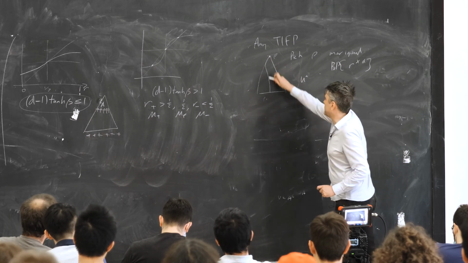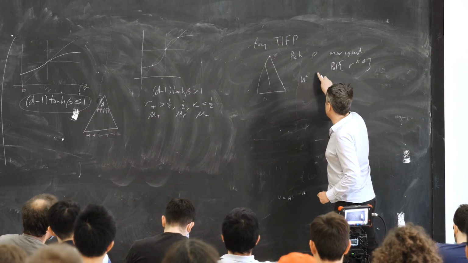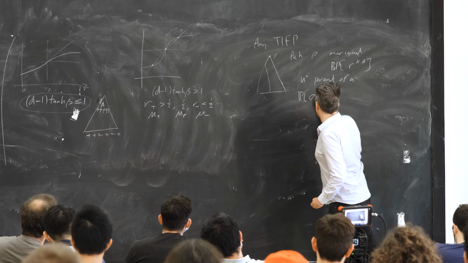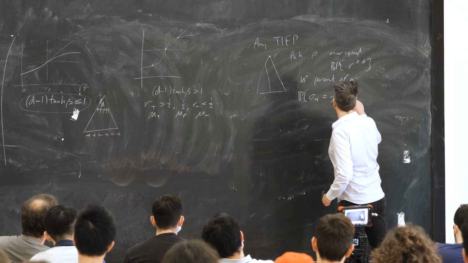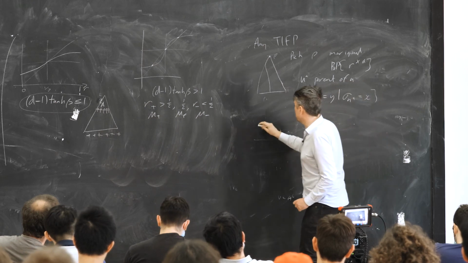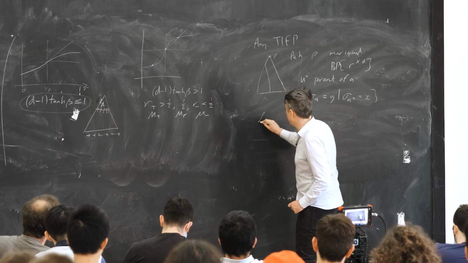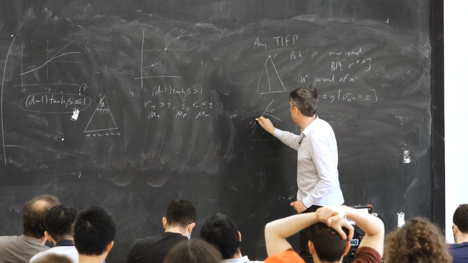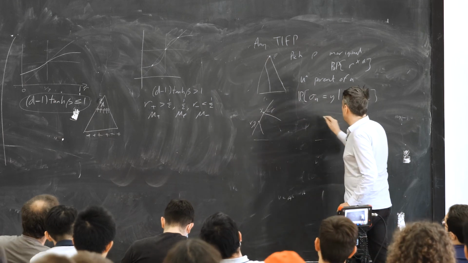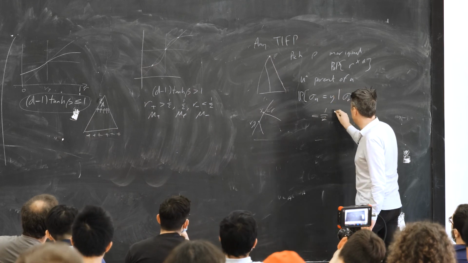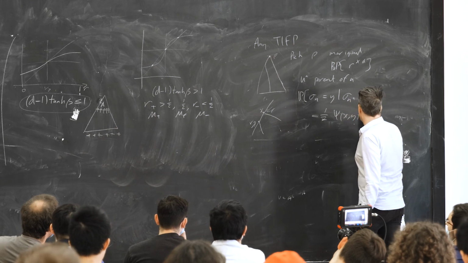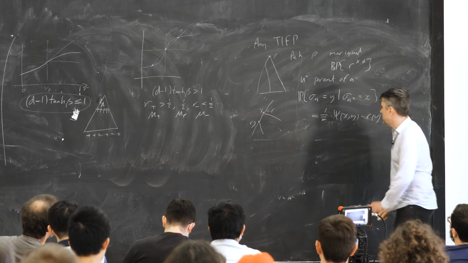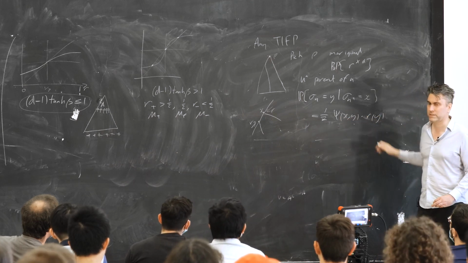And the transition probabilities along the Markov chain will be, okay, if U plus is the parent of U, then the probability of sigma U equals Y given sigma U plus equals X. Well, this is just one edge in the tree, but I know that there's a message R going this way and a message R going this way, except I fixed this one to be X. So it will be equal to some normalizing constant times psi of X Y times R of Y, and this normalizing constant is just to make these add up to 1.